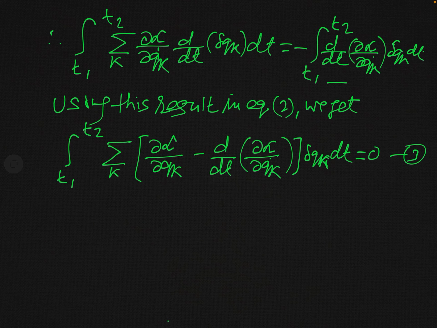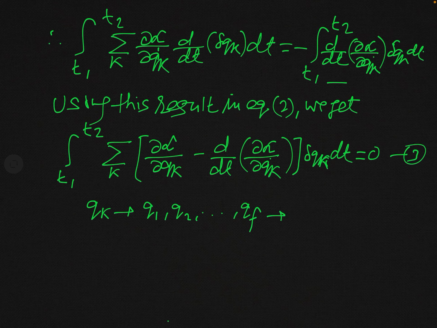Now you can see that these qk's are actually independent from one another. When you say qk, it means q1, q2, and so on up to qf. And all these coordinates are independent from one another.